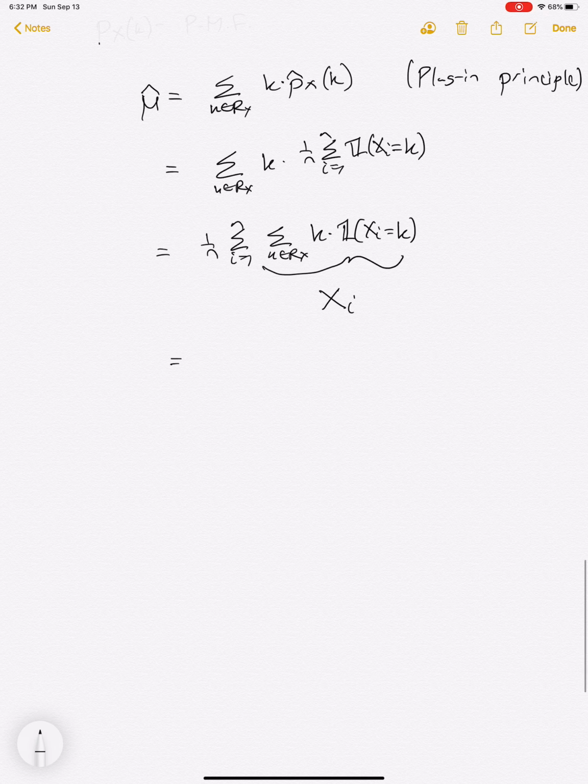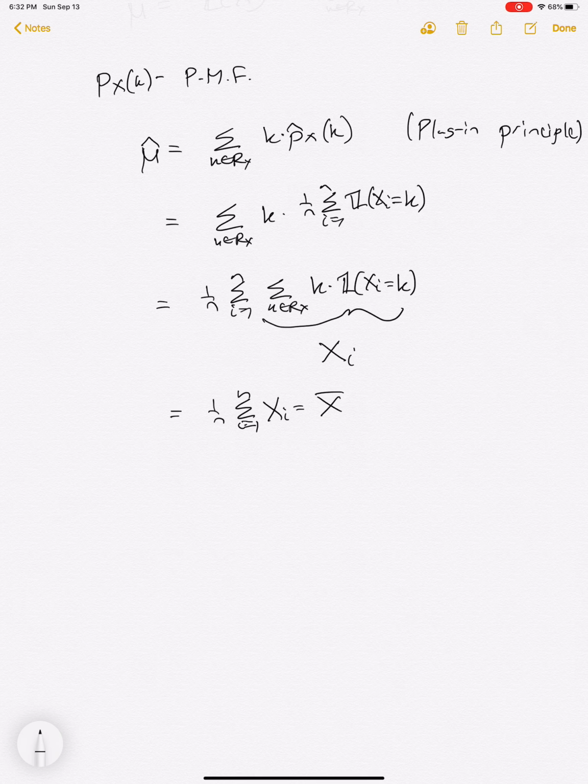And so you get exactly that mu hat equals x bar. So we can see that the plug-in principle gives you that mu hat equals x bar.